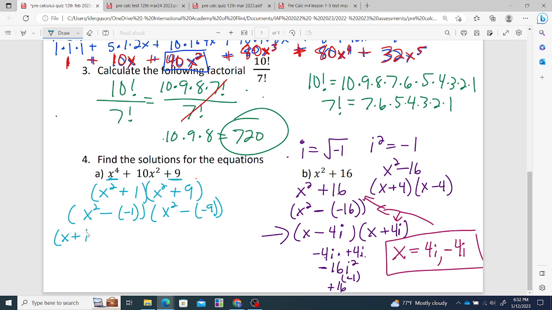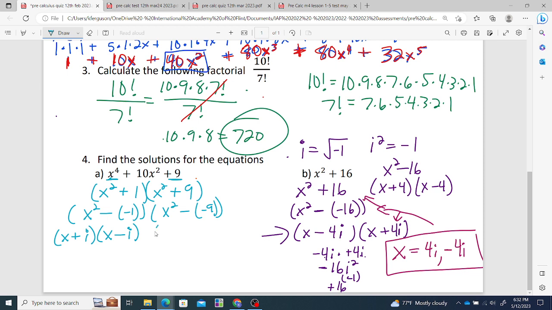So I'm just going to put i, because 1 times i and i means the same thing. Then I'm going to have x minus i. That's the difference of squares. x times x gives me x squared. Positive i and negative i give me a negative i squared. The i squared is a negative 1, so the negatives cancel off and I get a plus 1 right here. So that's what I'm doing.